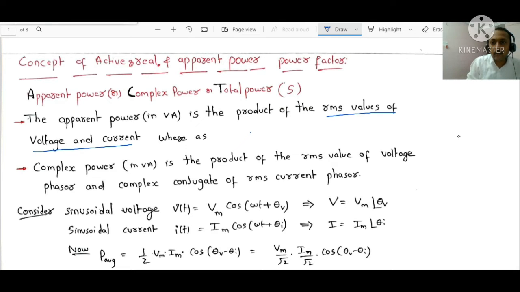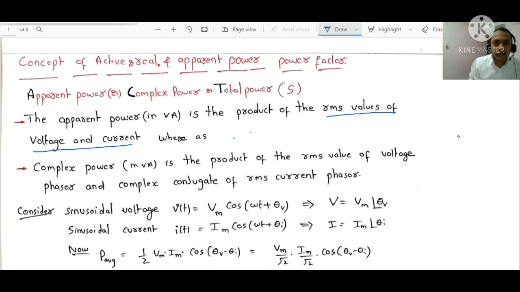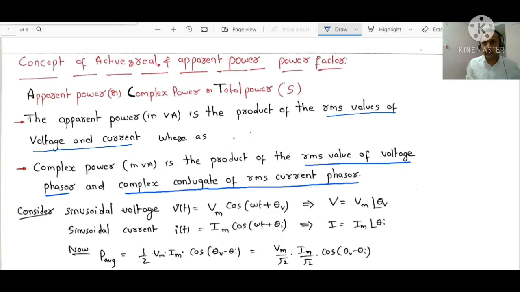If you observe the complex power, a slight difference will be there. It is the product of the RMS voltage phasor and the complex conjugate of the RMS current phasor. This is where we get the slight difference.